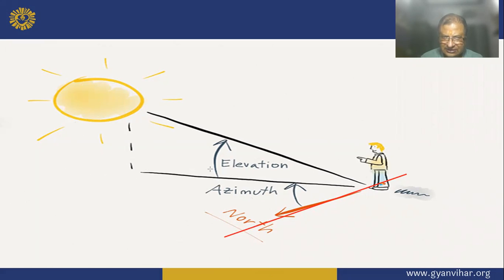And what is this? This is azimuth. And what is this? This is elevation. If we are measuring in the horizontal direction, so our direction is north, south, east, west, or a middle line, it is azimuth, but if it is at the top, then it is called elevation. Okay, clear?